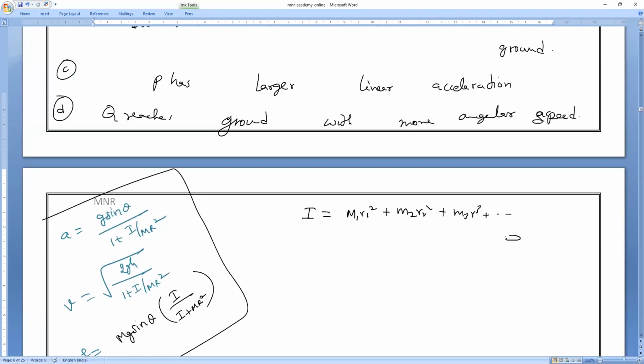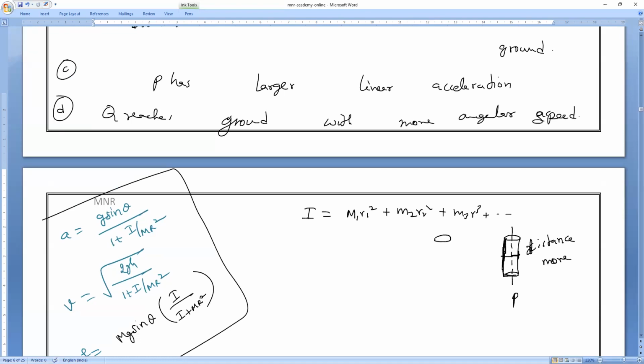Taking the first one, tell me, is R more or less from the axis of rotation, because the mass is located on the surface? This is the P cylinder. So is the distance more or less? Everyone, please respond. Distance is more because the entire mass is located on the surface.